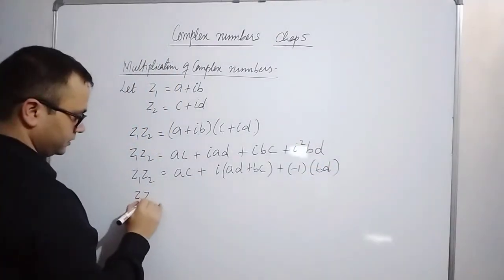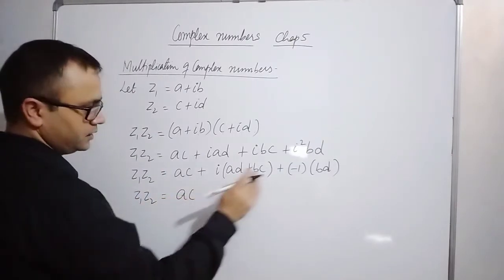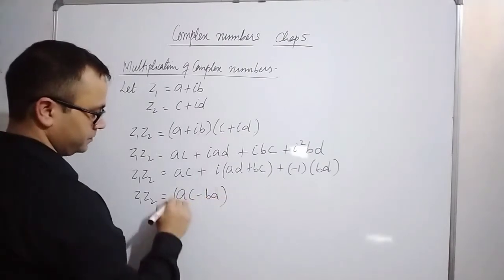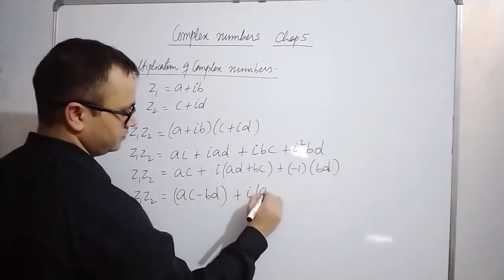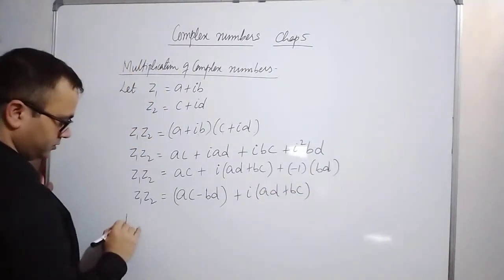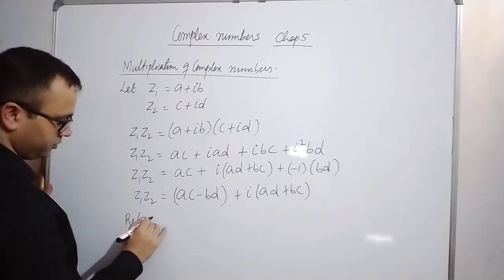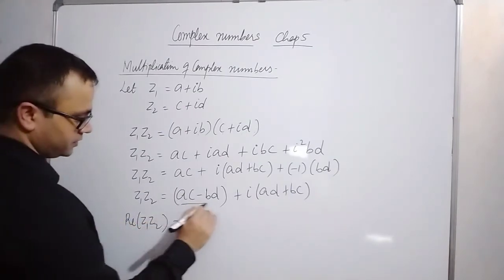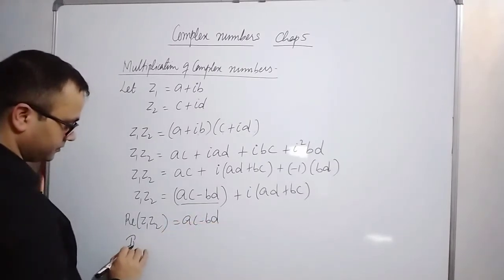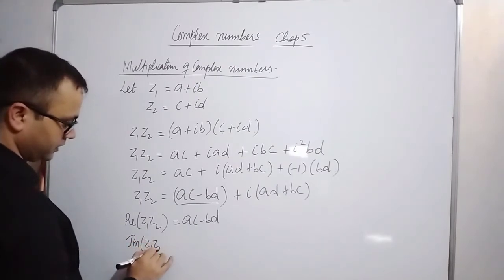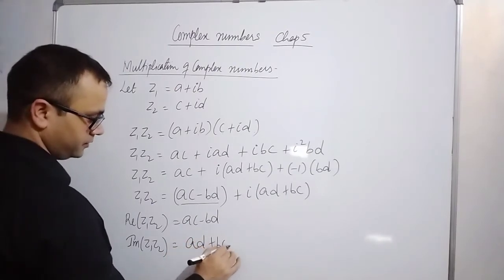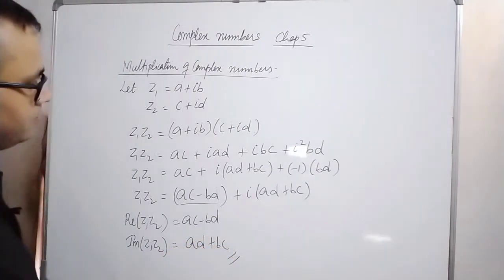So Z1 Z2 equals AC minus BD plus i(AD plus BC). Here the real part of Z1 Z2 is AC minus BD, and the imaginary part of Z1 Z2 is AD plus BC. This is the multiplication of complex numbers.